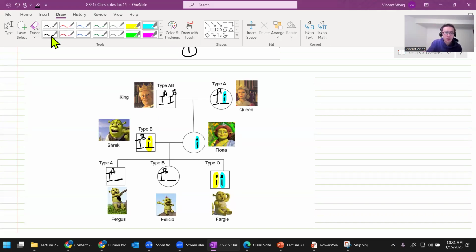So you can track the little i throughout the generations. Okay, let's take a look at Fergus here. Fergus is IA something. Where did he get the IA? Well, it's not from Shrek. Shrek is type B. He cannot pass on IA. He doesn't have one. So the IA must have come from Fiona.